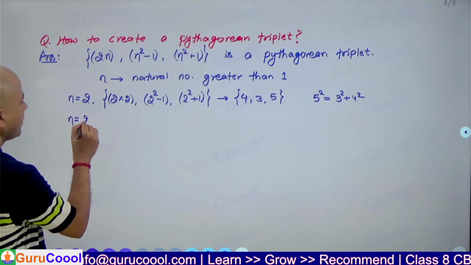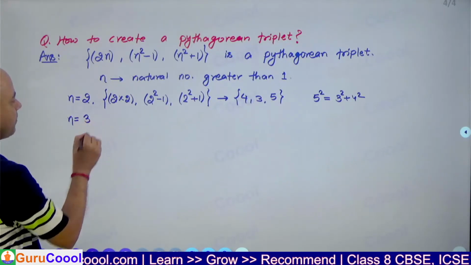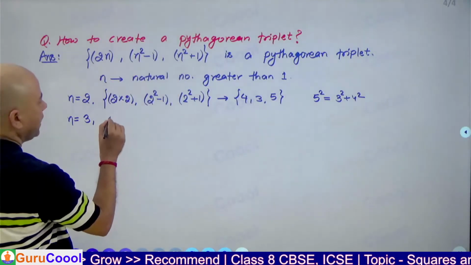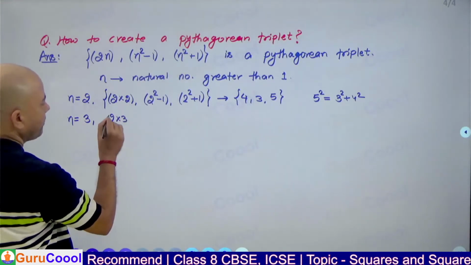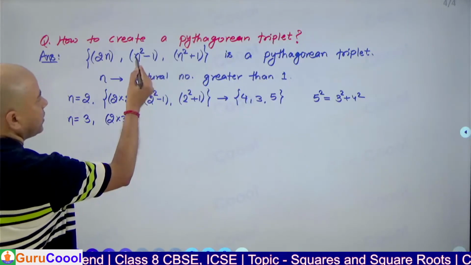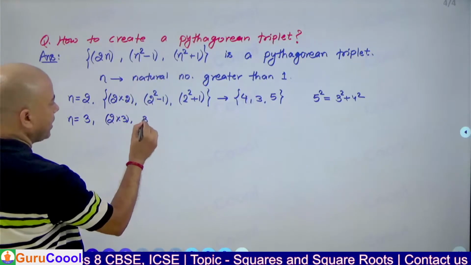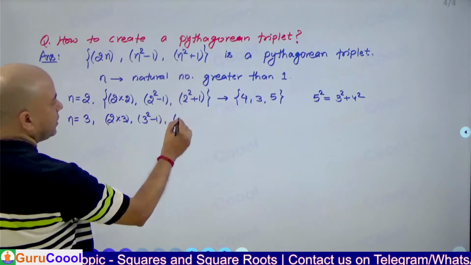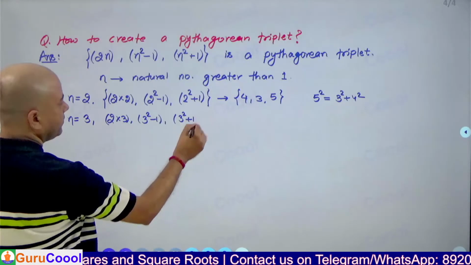Yes, sir. If we take n is equal to 3, let us see what happens. 2 times n means 2 times 3 is the first number. Next is n square minus 1, that is 3 square minus 1. Then it is n square plus 1, so 3 square plus 1.